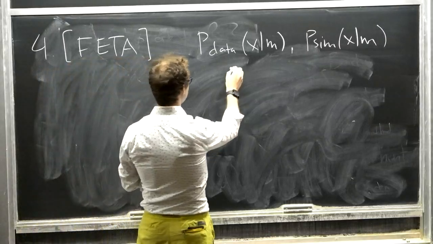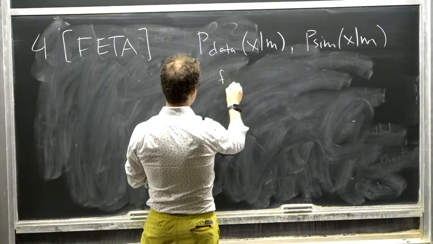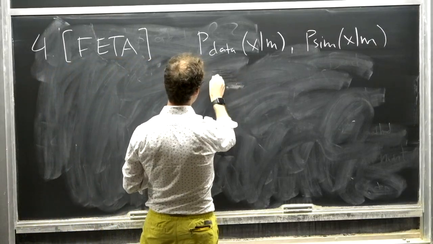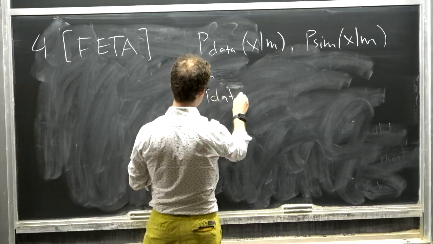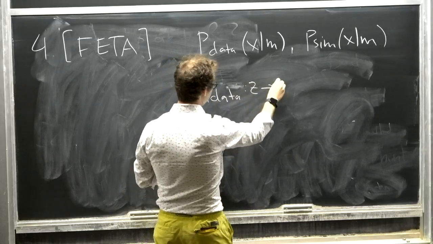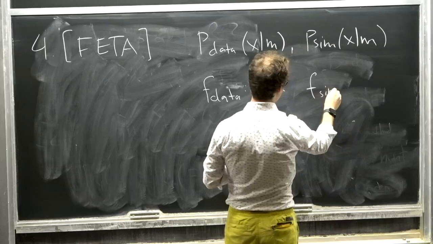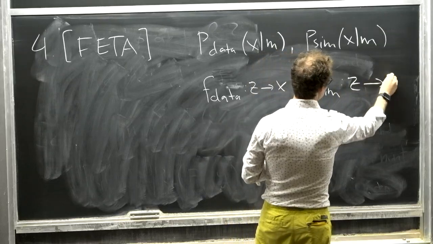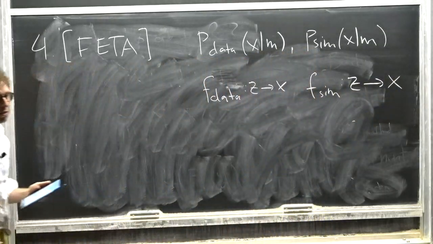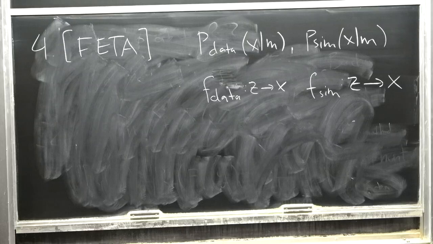So let's say f here is a normalizing flow. It maps some Gaussian data z to the data, either in data or in simulation.